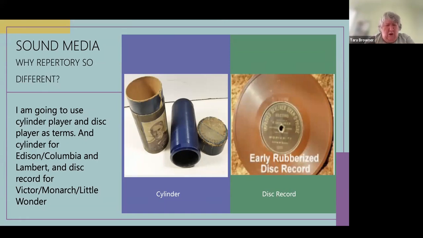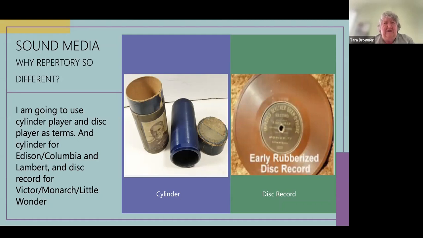And also it's confusing for me sometimes just trying to start research on this. So I'm going to be using cylinder player and disc player, and cylinder player for Edison and Columbia. And really record or disc record for what we consider record players now.